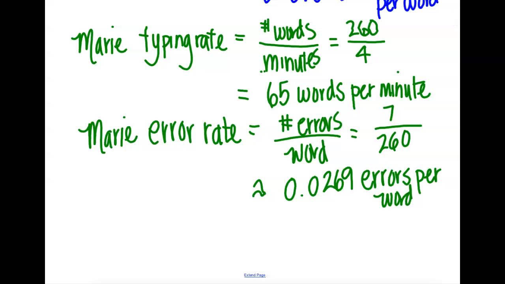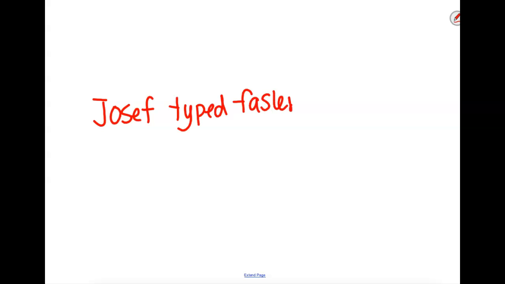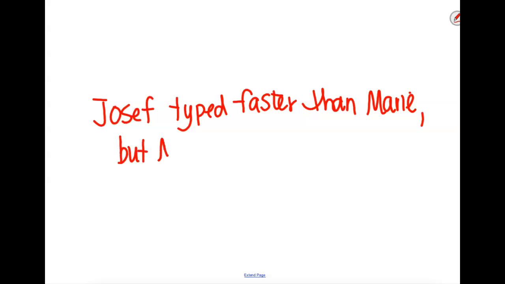So how do we wrap this up? Joseph typed faster than Marie, but Marie typed with greater accuracy.